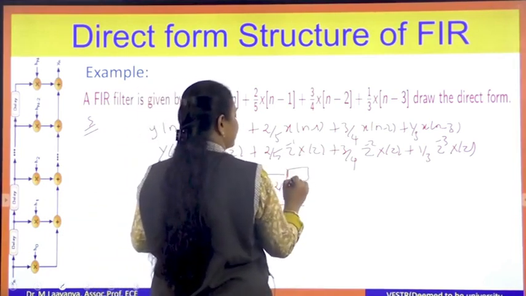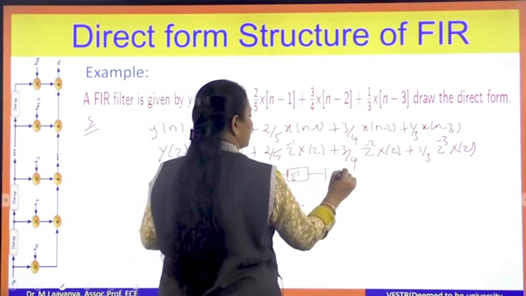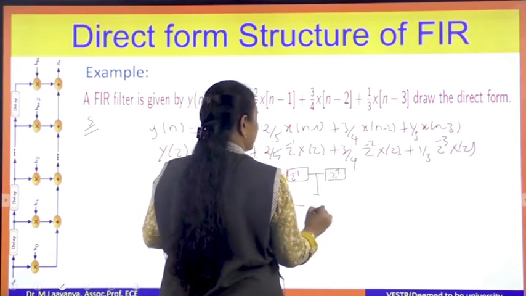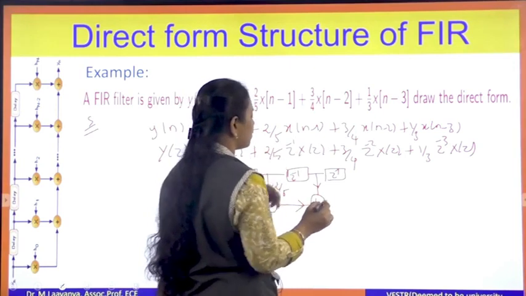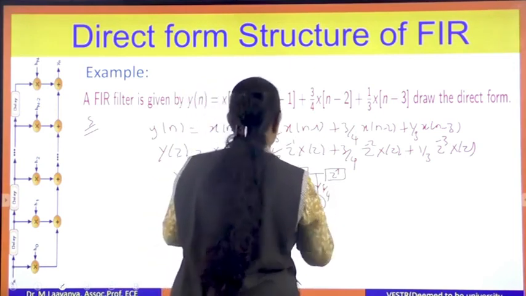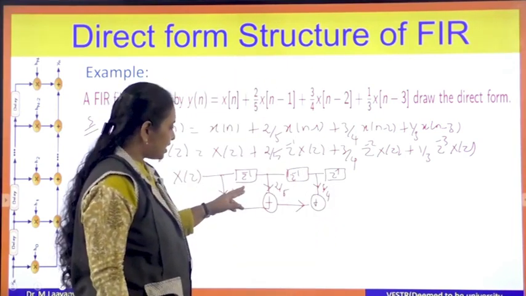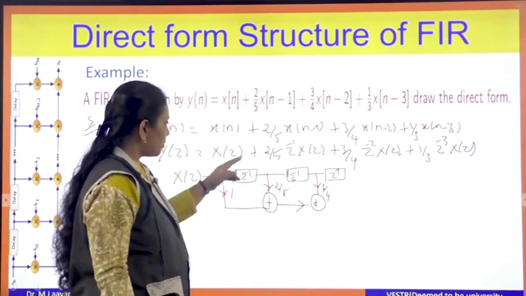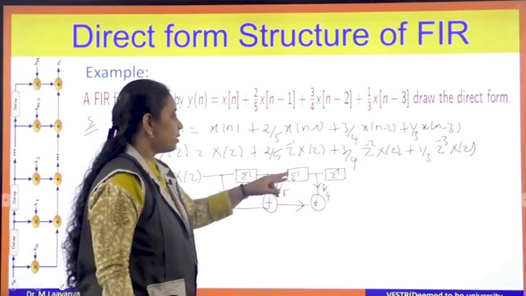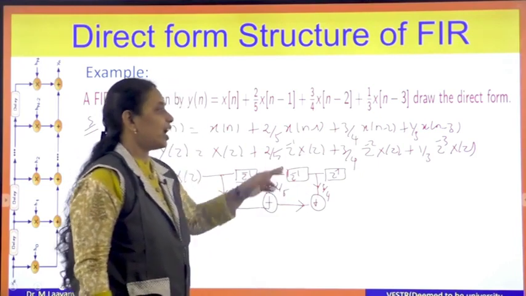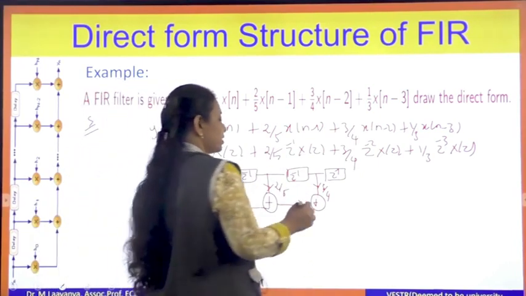Again an adder, again one adder. Here these two are added, and what is the next multiplier? 3 by 4. What we are having is Z inverse, so x of Z plus 2 by 5 Z inverse x of Z, again 3 by 4, and again what we will have? 1 by 3.